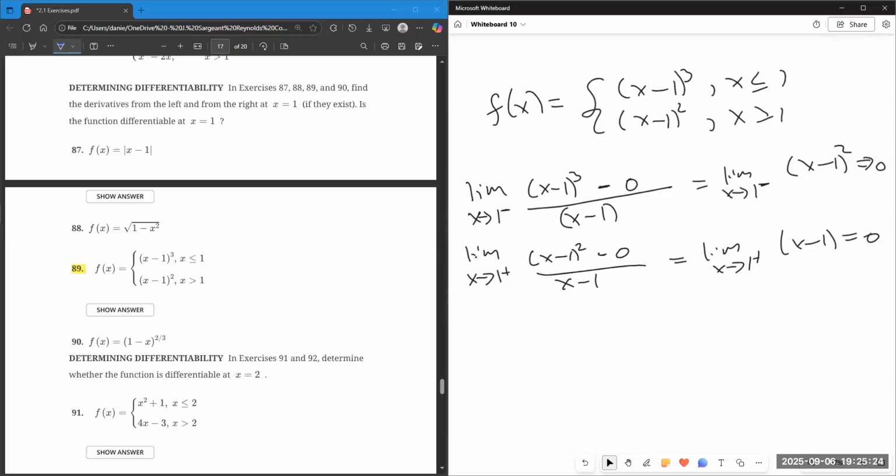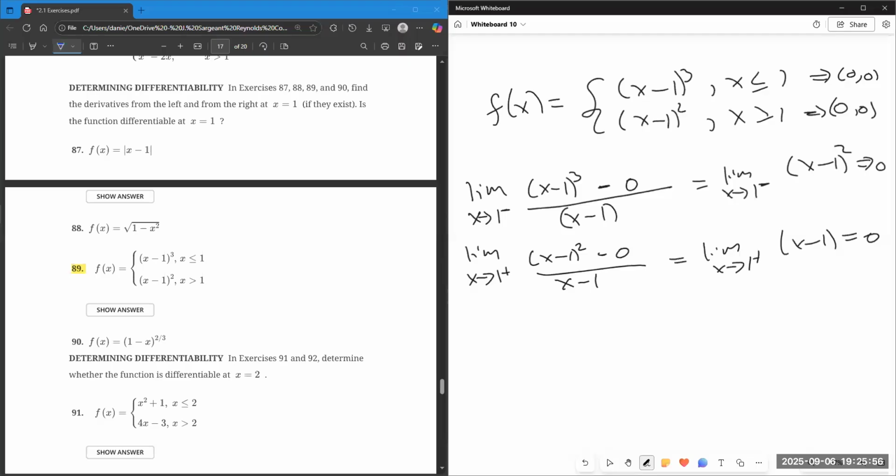And so coming to the same value from the left and the right, at x equals 1, let's just make sure that from the left and the right, we would be approaching the same point, 0, 0. And we are. This gets close to 0, 0, and this gets close to 0, 0. So same y value, same slope value from the left and the right.